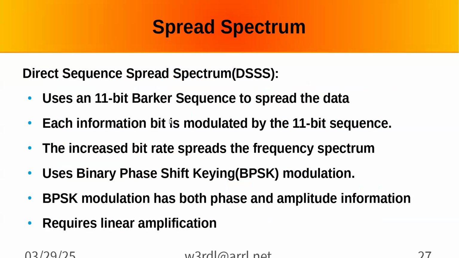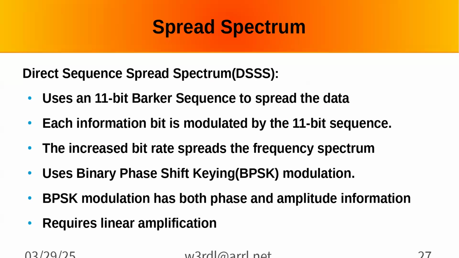The other mode is direct sequence, where they use this 11-bit Barker sequence instead of the pseudo-random sequence. And they modulate the carrier with that 11-bit sequence. And that's where you get all the different little frequencies out there. So in one case, you're shifting the frequencies rapidly, kind of going through them.